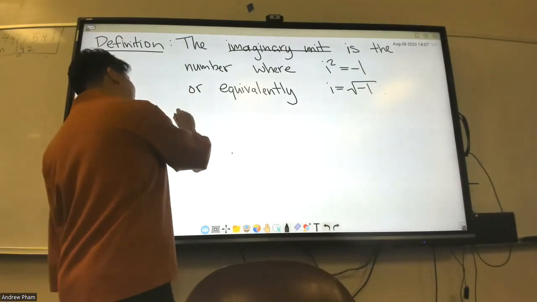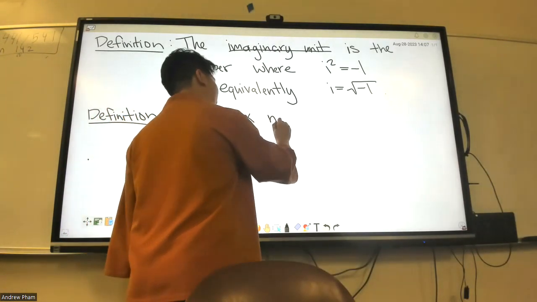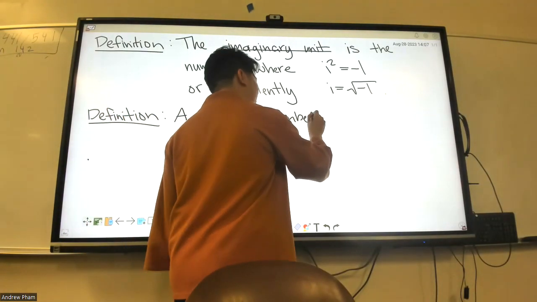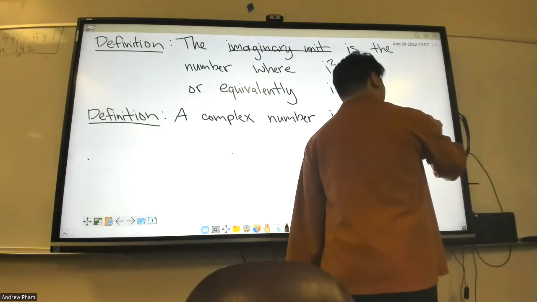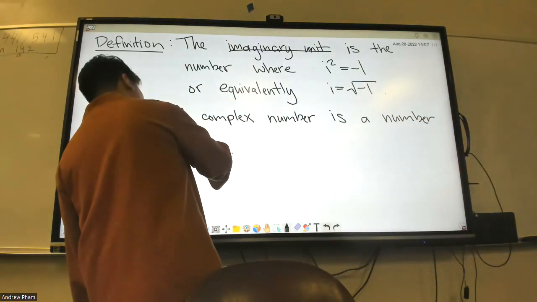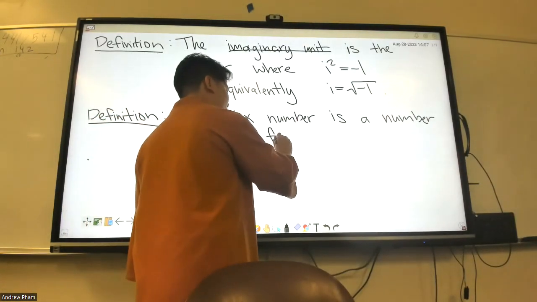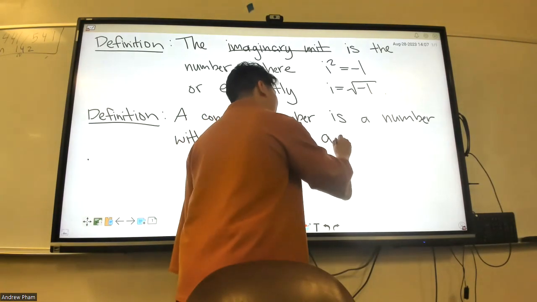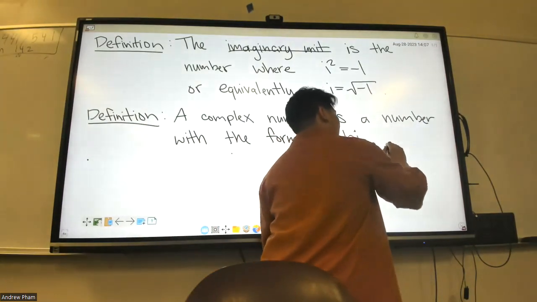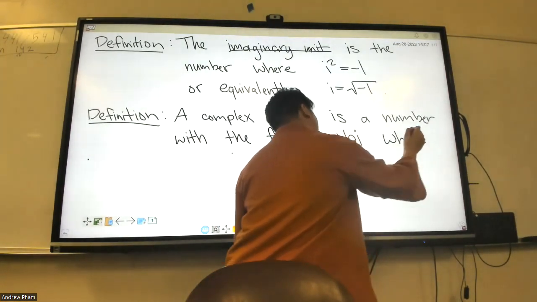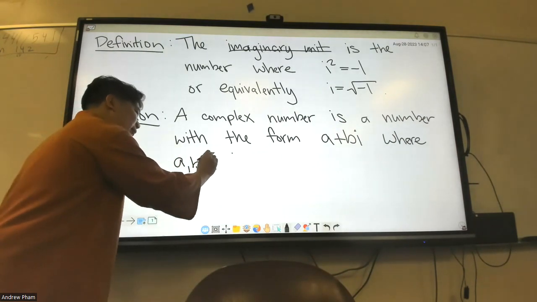A complex number is a number, not a big surprise, with the form a plus b times i, where a and b are real numbers.